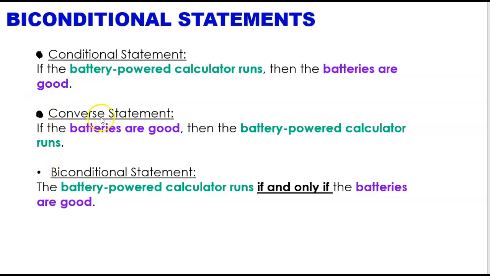So both of these are true. If it runs, then that means the batteries are good. If the batteries are good, then the calculator will run. Okay, so the biconditional statement would say the battery-powered calculator runs if and only if the batteries are good. Okay, so if both of these are true, then you can have a biconditional statement which says if and only if.